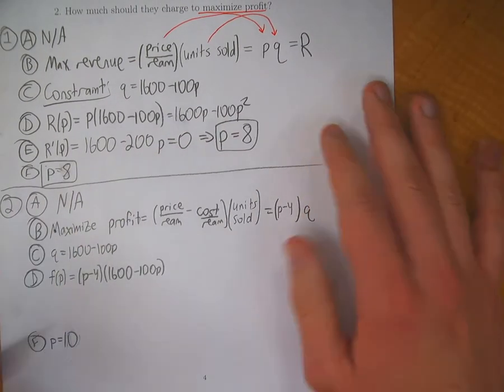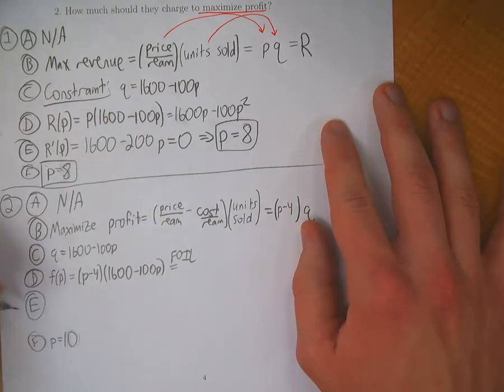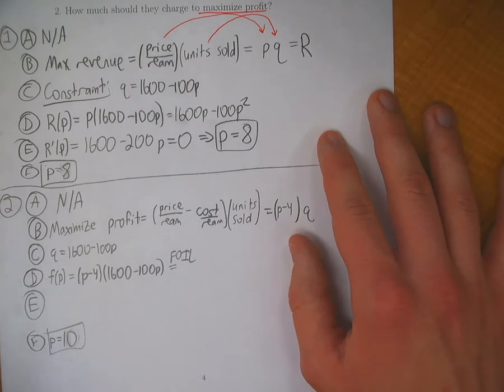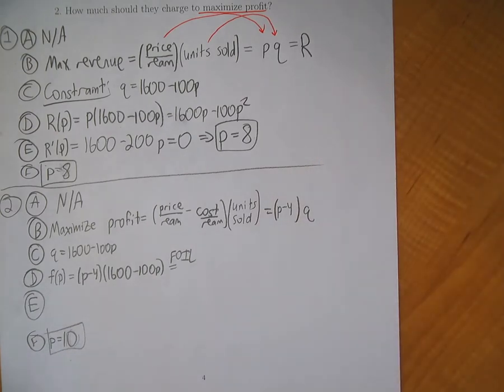So once you FOIL this out and do step E from that, you should end up with P equals 10 as your final answer. If you do the same thing that we did before, that should be your final answer. You can check the web page, or briefly check on your own when you get a chance. Okay? So that's basically example 3 in a nutshell. So any questions on any of that before we move on to our last example?